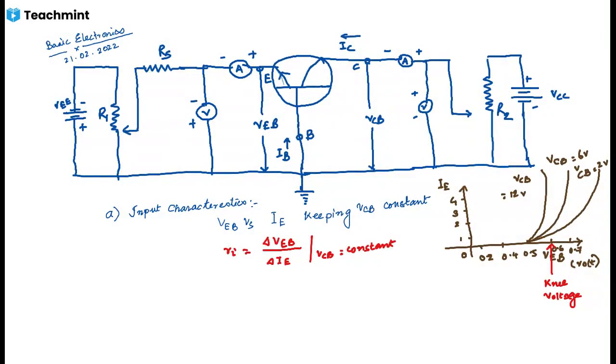So Ri ranges. Okay. Up to this, everybody is cleared.